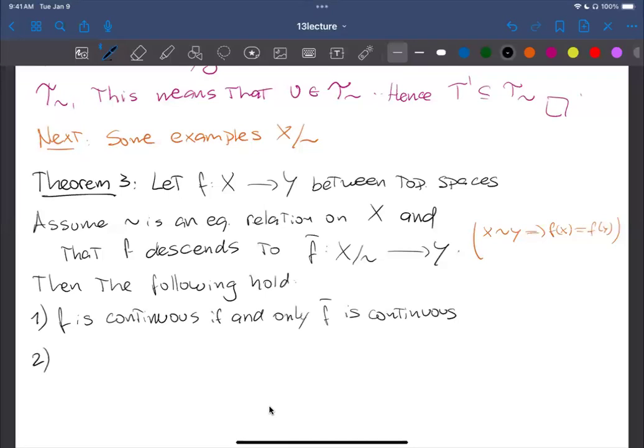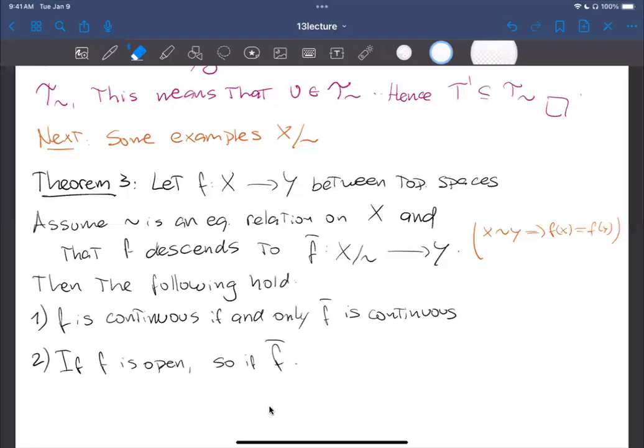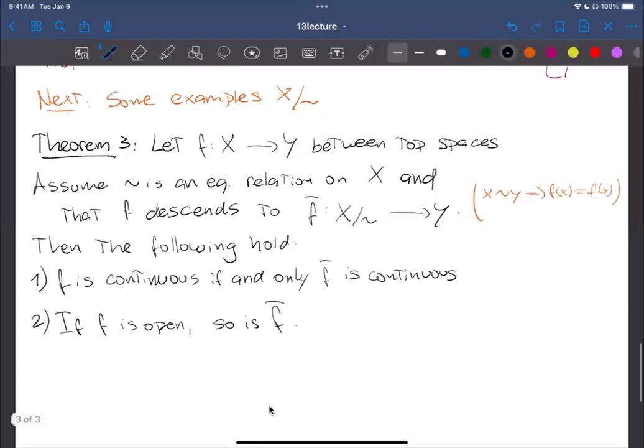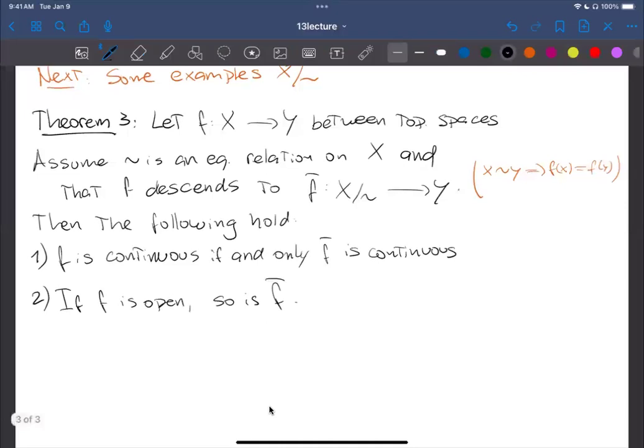The second part is that if our f happens to be open, and remember that means f maps open sets to open sets, so if f is open, so is f bar. Okay, so this is going to be very helpful for us.